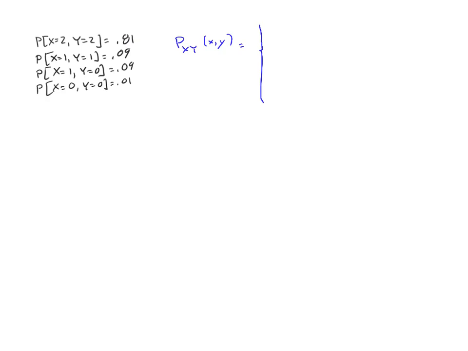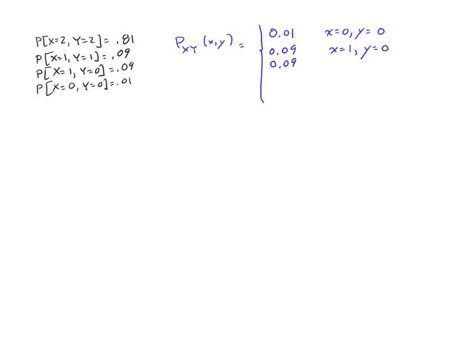So for instance, the joint PMF equals 0.01 for x equals 0 and y equals 0. It's equal to 0.09 for x equals 1, y equals 0.